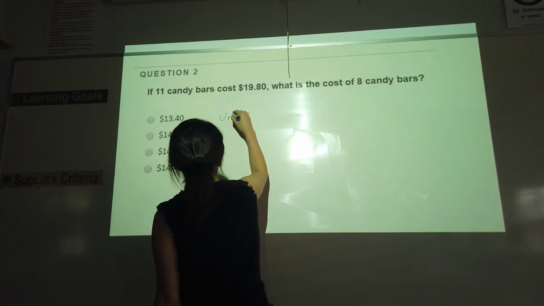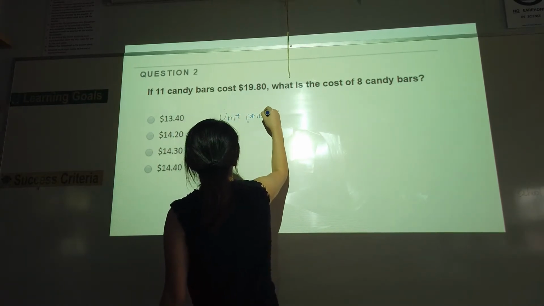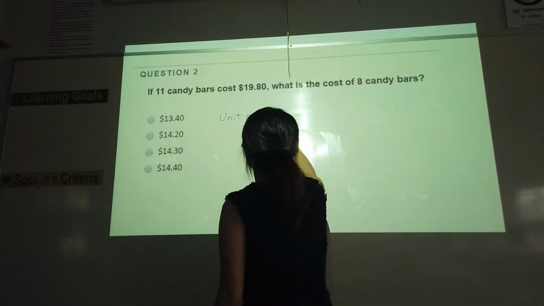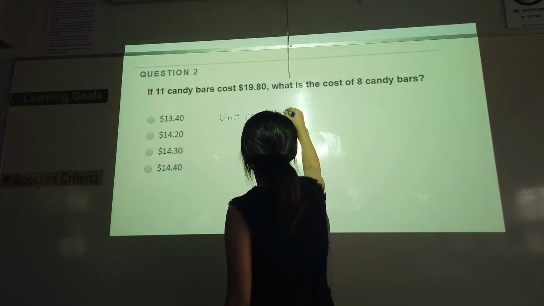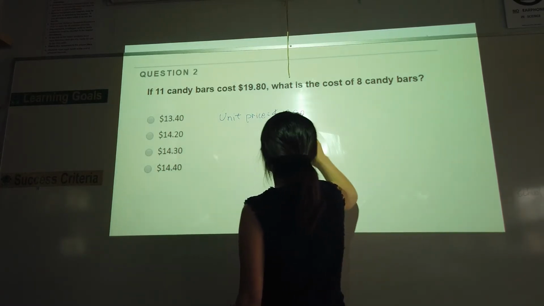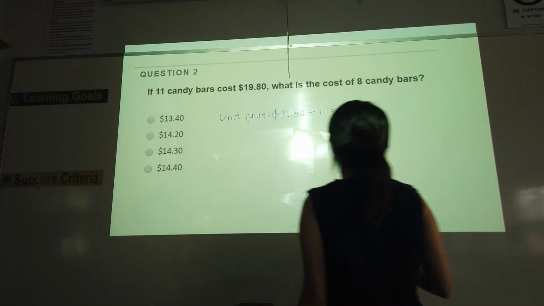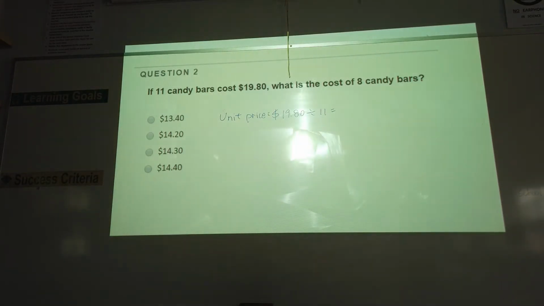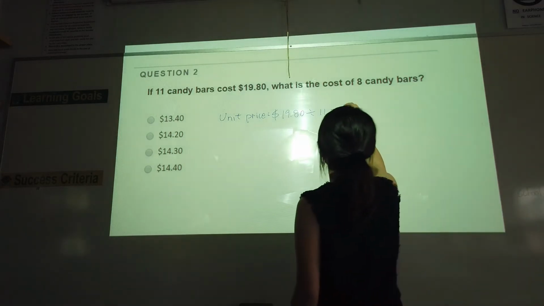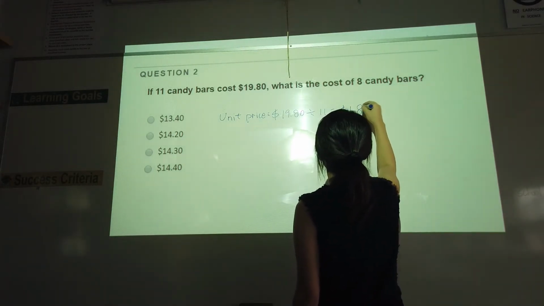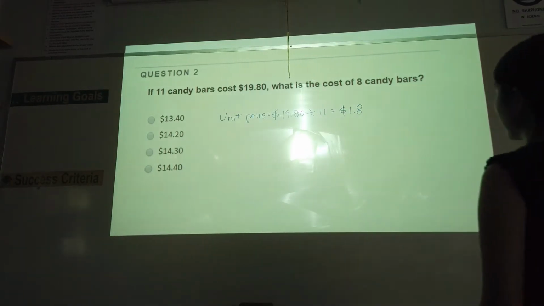The unit price can be calculated by dividing $19.80 by 11, which gives us $1.80.